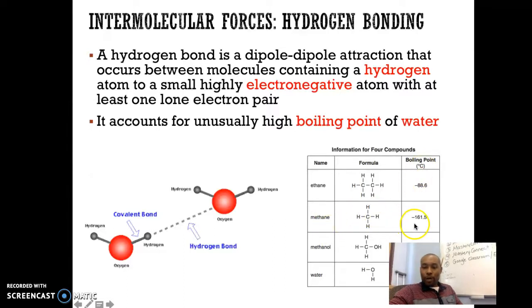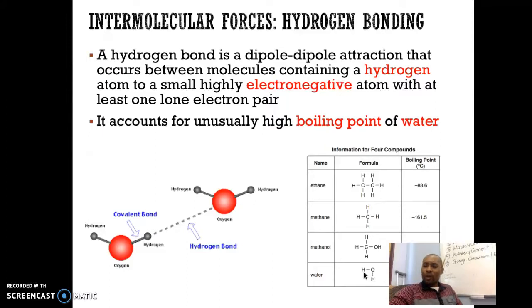Methane has a boiling point of negative 161.5 degrees Celsius, which is also very low. Methanol, another substance, has a boiling point of 64.6 degrees Celsius. Gets to be a little higher. And then you have water, which is similar in structure to some of these other things, but water has a boiling point of 100 degrees Celsius.